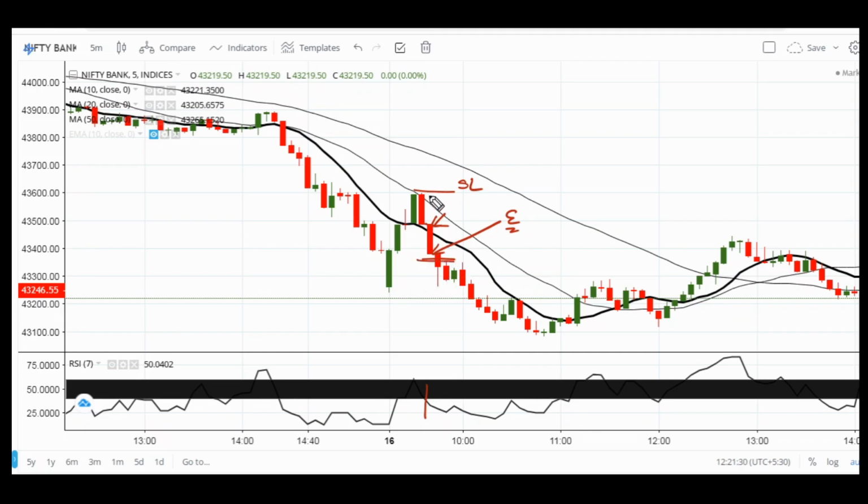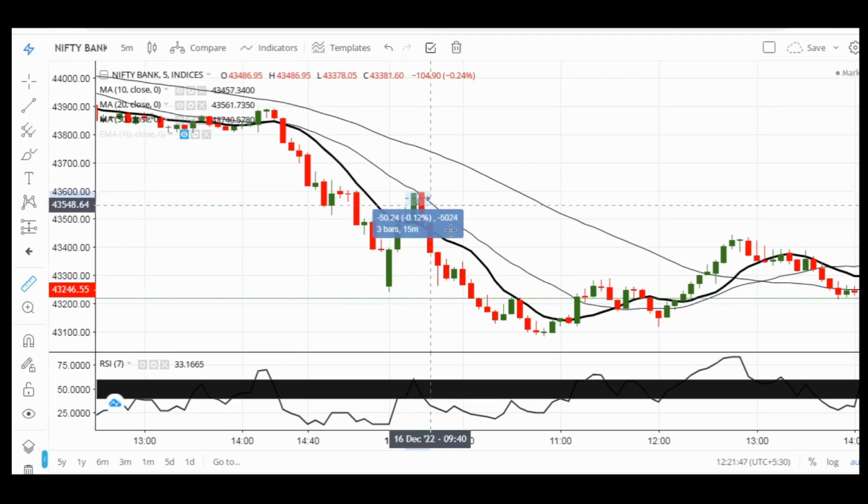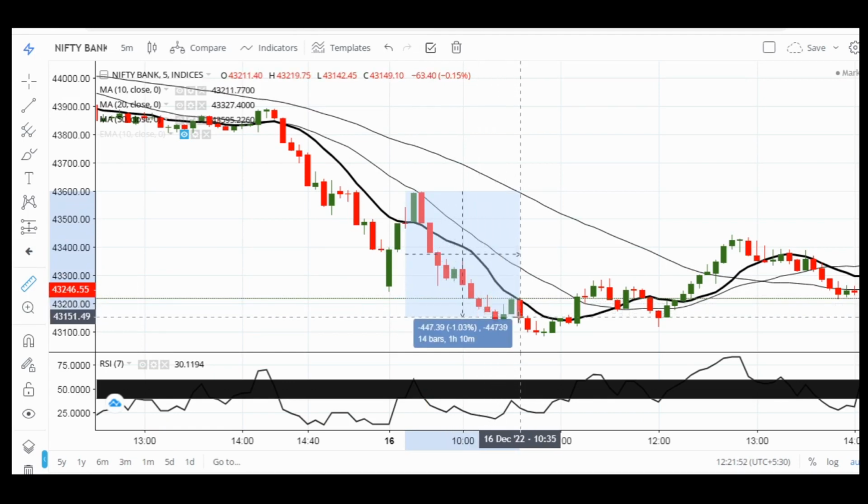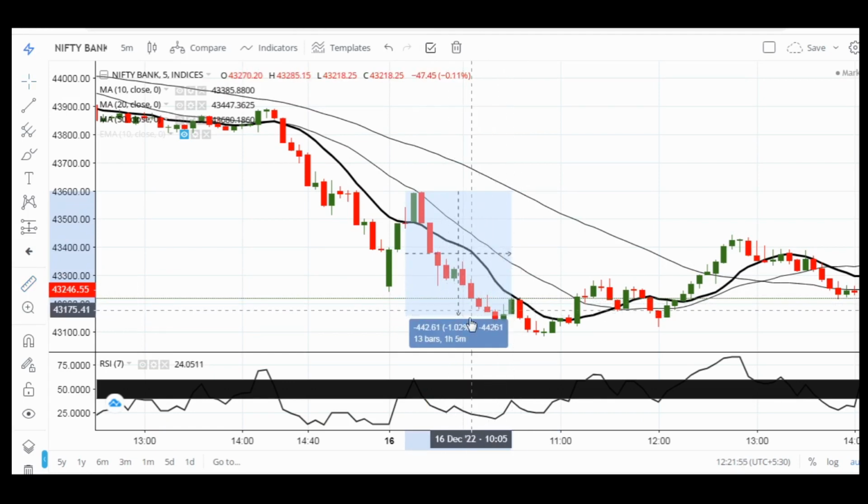No, actually this is the entry price, so 1 would be somewhere here. Let me check exactly. So this is our SL, this is the entry price, and 1 is somewhere at this level at 10:20 or 10:25 level.